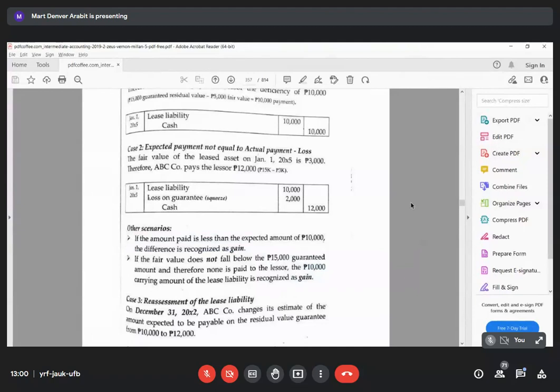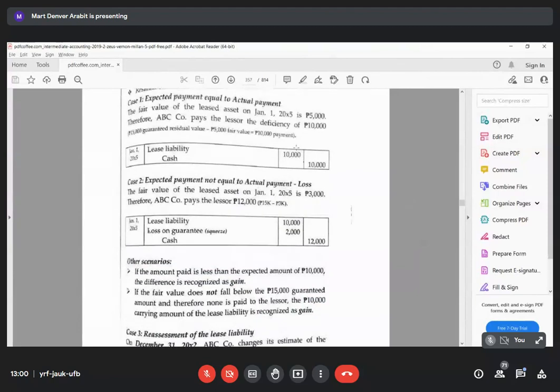Kasi, pag nangyari naman, let's say, ganito. Di ba ang 15,000 is the amount guaranteed by lessee, the lessor. So, let's say, naging 20,000 naman. 20,000 na yung fair value niya. So, 15,000 lang yung ginaranta niyo. Does that mean na si lessor naman yung magbabayad ng 5,000 kay lessee? So, in that case, hindi ganun.